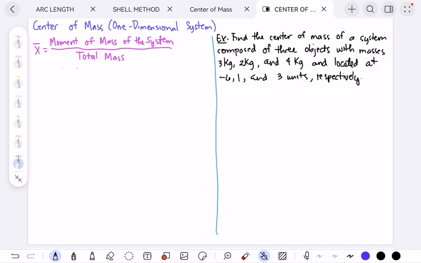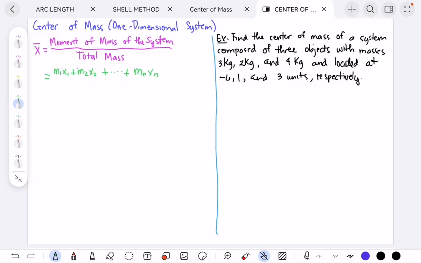The moment of mass of the system is simply the sum of all the moments, so the sum of the moments of all the particles in the system. Say, for example, we have n particles. The first particle has mass m sub 1 located at x sub 1, while the second particle has mass m sub 2 located at x sub 2, plus, and so on up to the nth particle, m sub n x sub n.